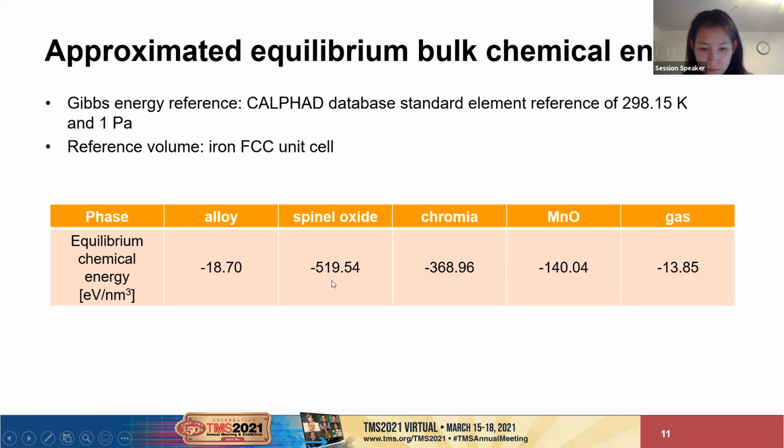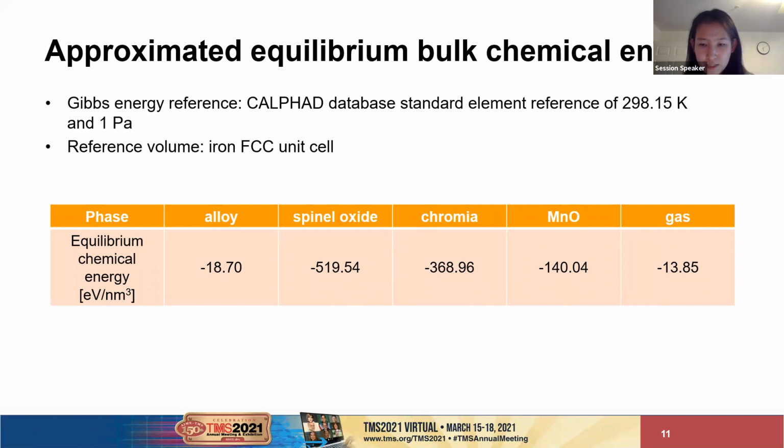The spinel phase has the lowest energy, and the manganese oxide phase has the highest energy. So that partially explains why the spinel phase was growing and the manganese oxide phase was shrinking, because as we mentioned before, the governing equations are always trying to minimize the system free energy.